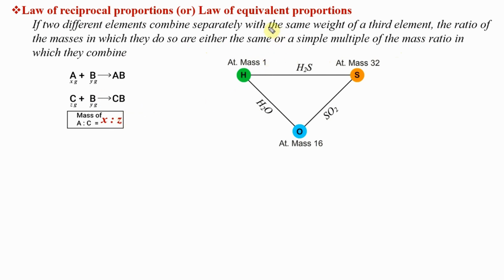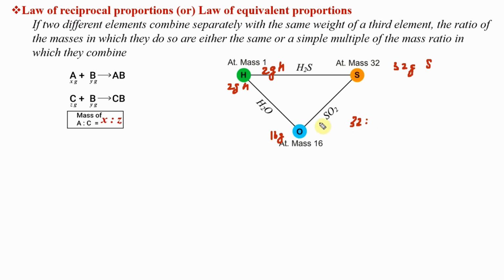So the statements you are not expected to write down, so you don't have to word it properly, just understand it this way. So I have hydrogen here. In H2S, 2 grams hydrogen joins with 32 grams sulfur. In water, 2 grams hydrogen combines with 16 grams oxygen. So what is the mass ratio in which sulfur and oxygen combine?